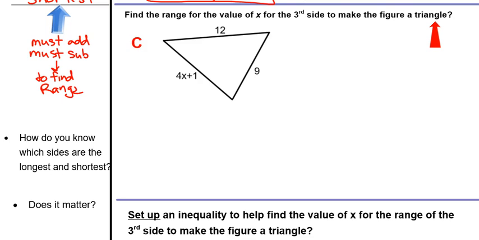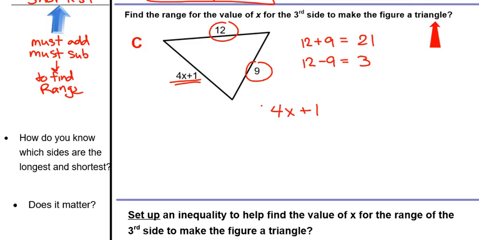But all we need to do is take these two guys and add them and subtract them, 21 and 3, and that gives us the range of this third side. I know that 4x plus 1 must be between 3 and 21.